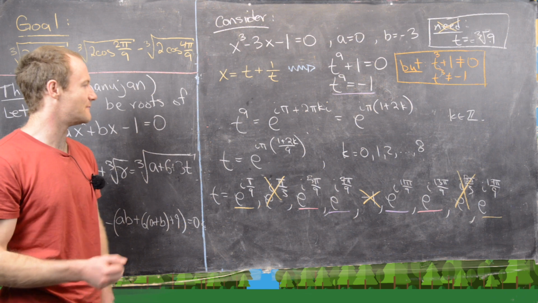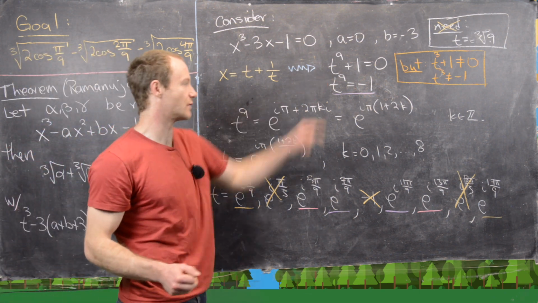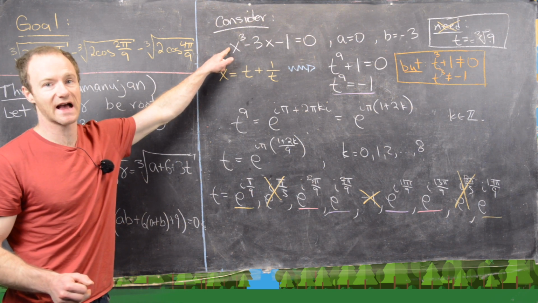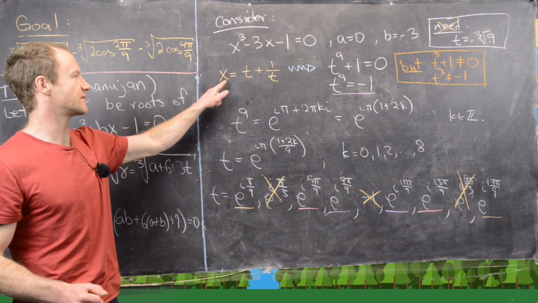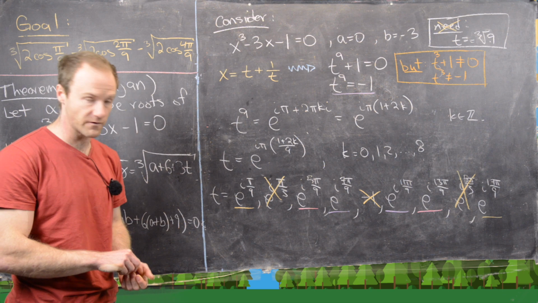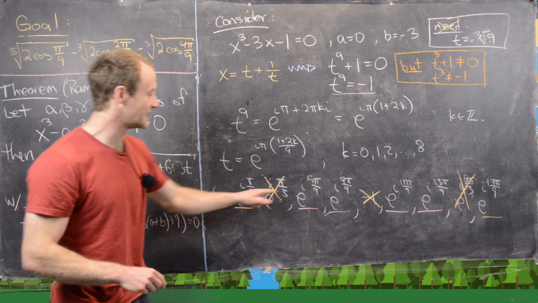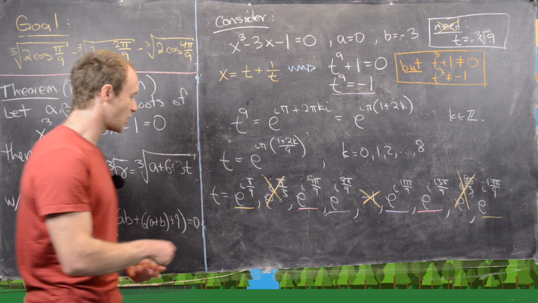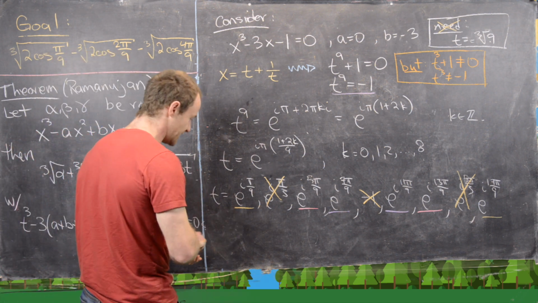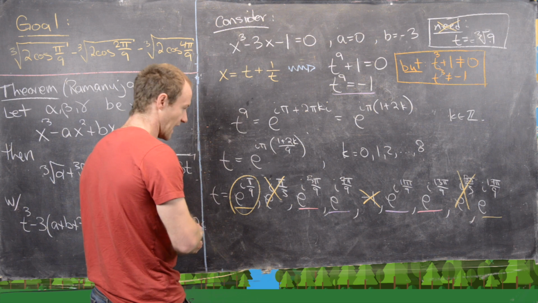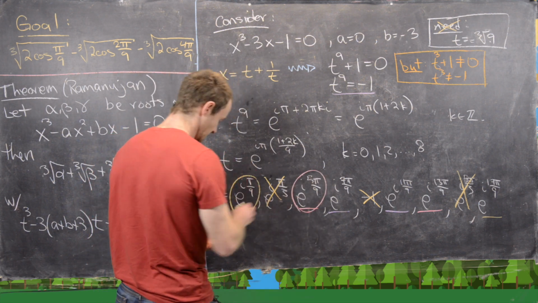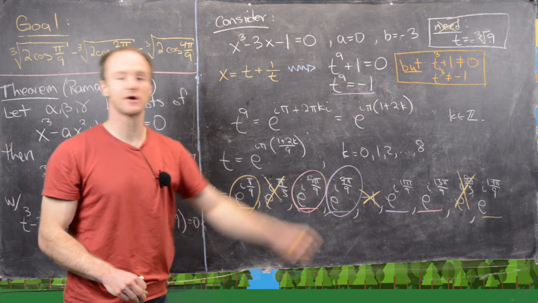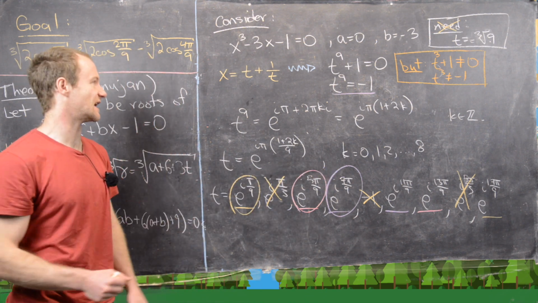That may not matter if we're just looking at this equation, but since we're looking at this equation up here in terms of x that used the change of variables x equals t plus 1 over t, we only need to keep one from each inverse pair. So we'll keep this one, and then this one, and finally this one. These will be the 3 that you keep, because those over there are superfluous; they will give us the same result.